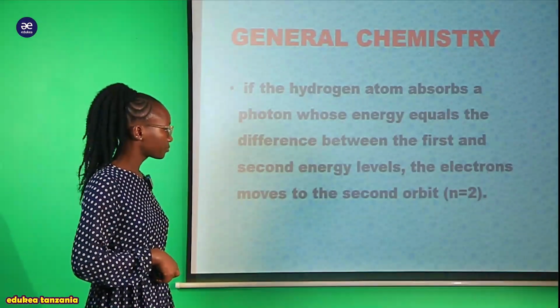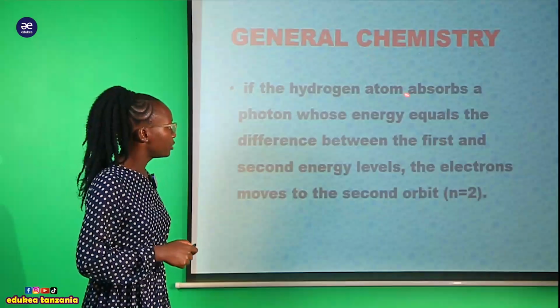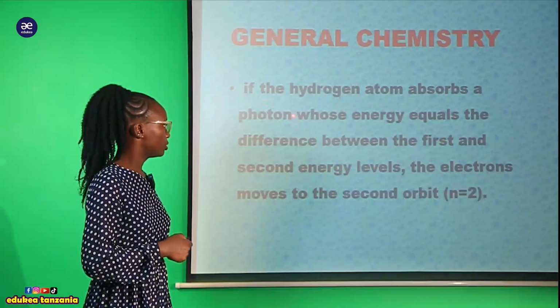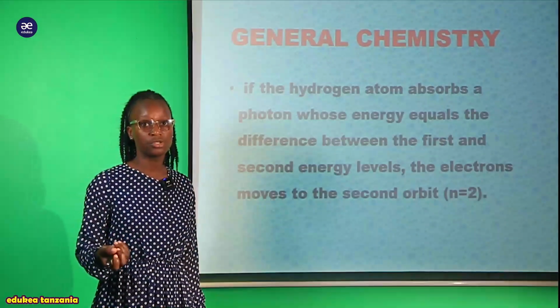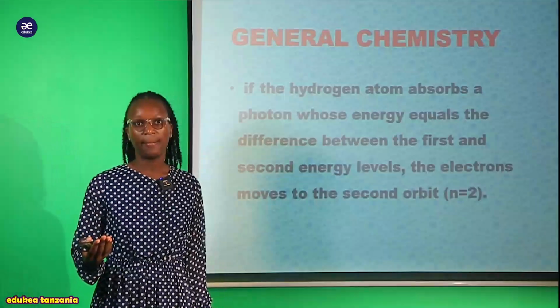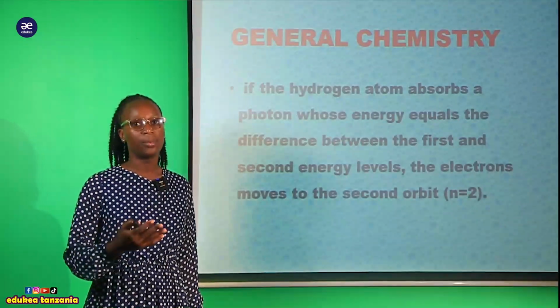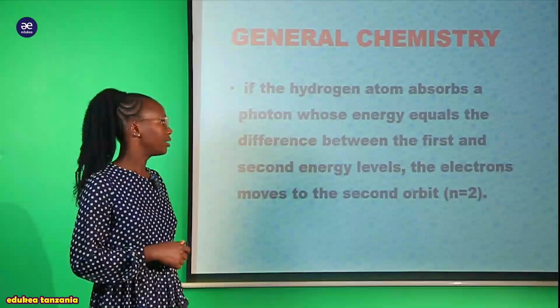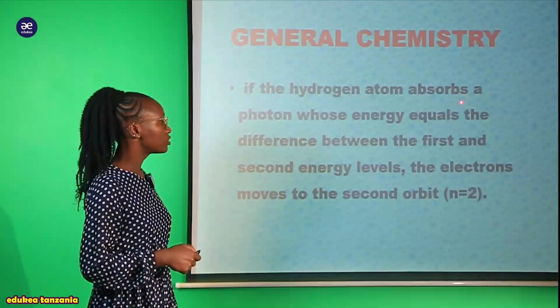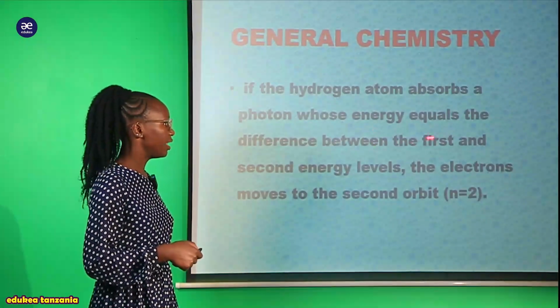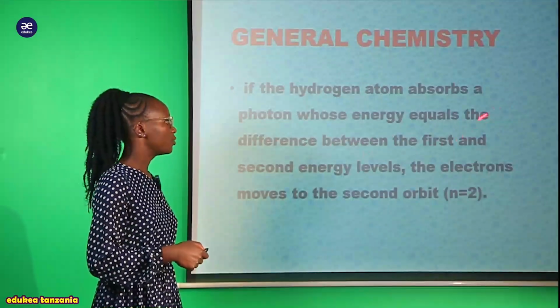That's why tunasema kwamba if the hydrogen atom absorbs a photon, when we talk about photon tunaongelea ile light, ambayo ile light tulisema kwamba inakuwa katika nini? Katika hiyo electromagnetic radiation. Sasa tunasema kwamba if the hydrogen atom absorbs a photon whose energy equals the difference between the first.